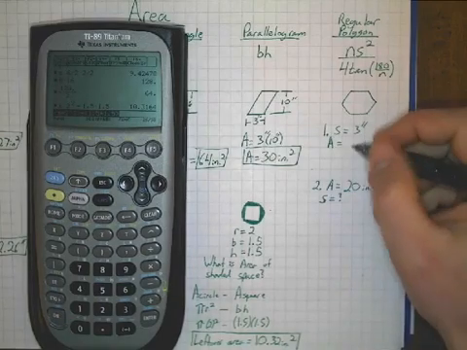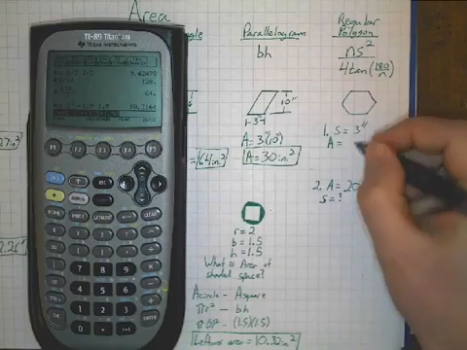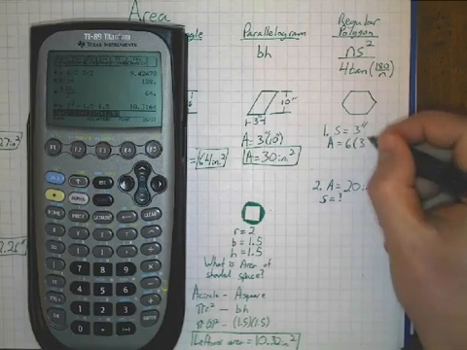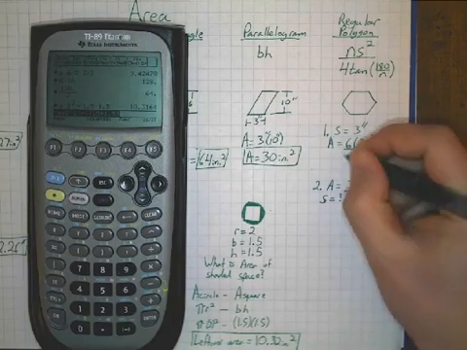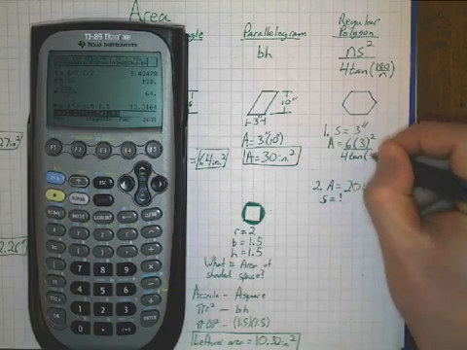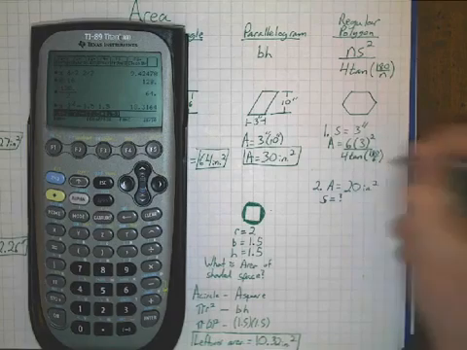So what do I do? I take n times s squared. So n is the number of sides, so I have 6 times 3 squared divided by 4 times the tangent of 180 divided by 6, the number of sides.